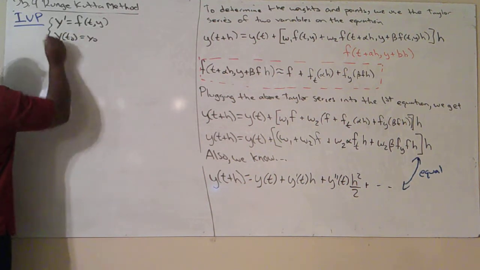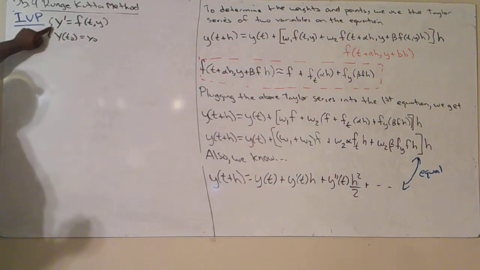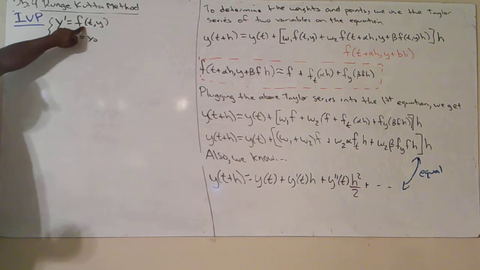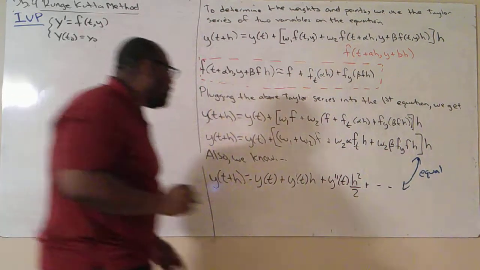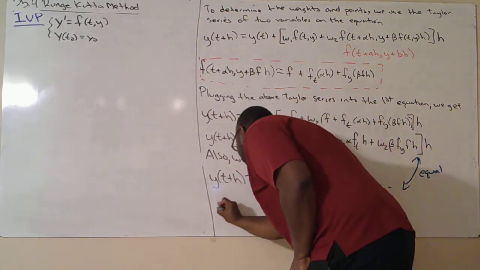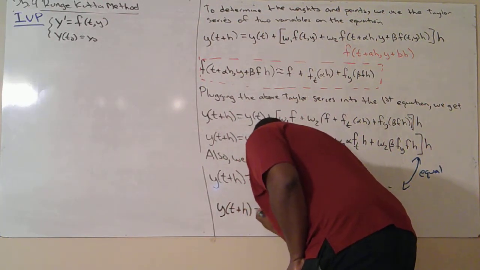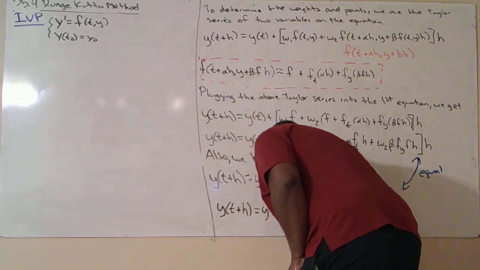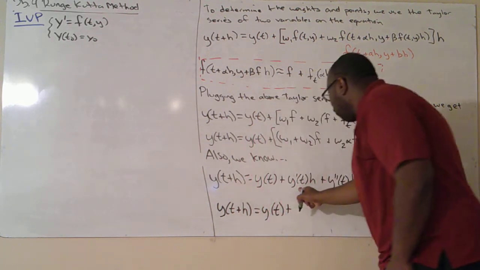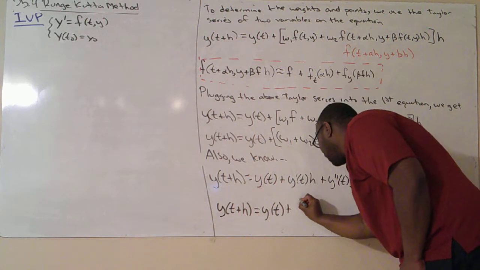So y prime is really f. If I wanted to, I can put it down there. This y prime that I see here, I could really just write as f.